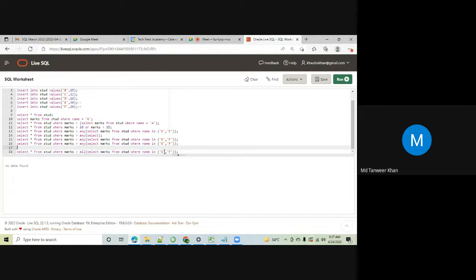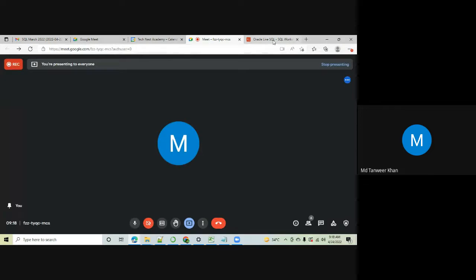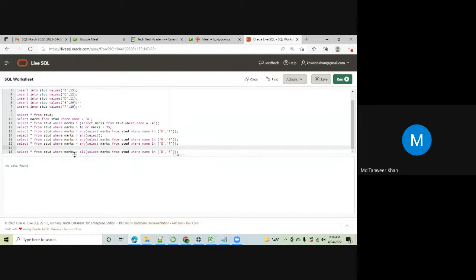But suppose I keep D and F here. From this, I'm asking the SQL engine to show me the output of that data whose marks are greater than the marks of D and F both. So here you are asking that marks should be greater than the marks of D and F both.